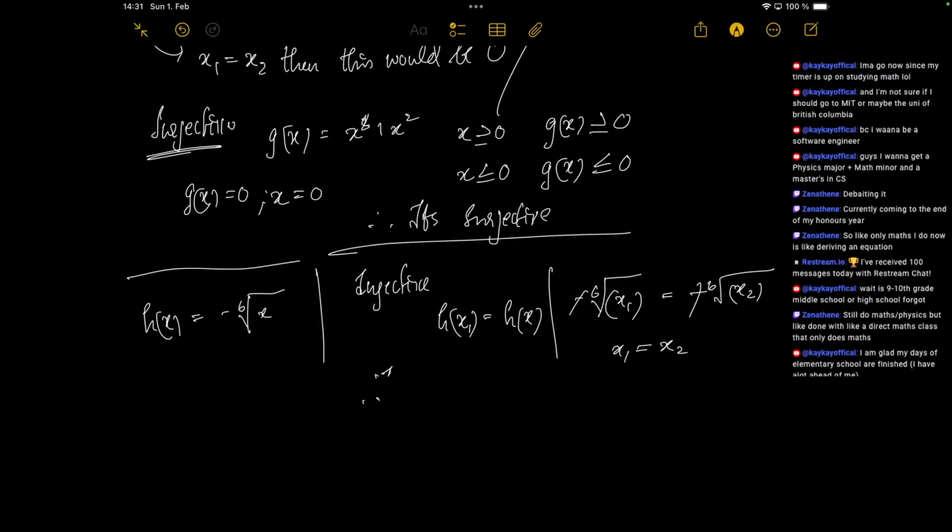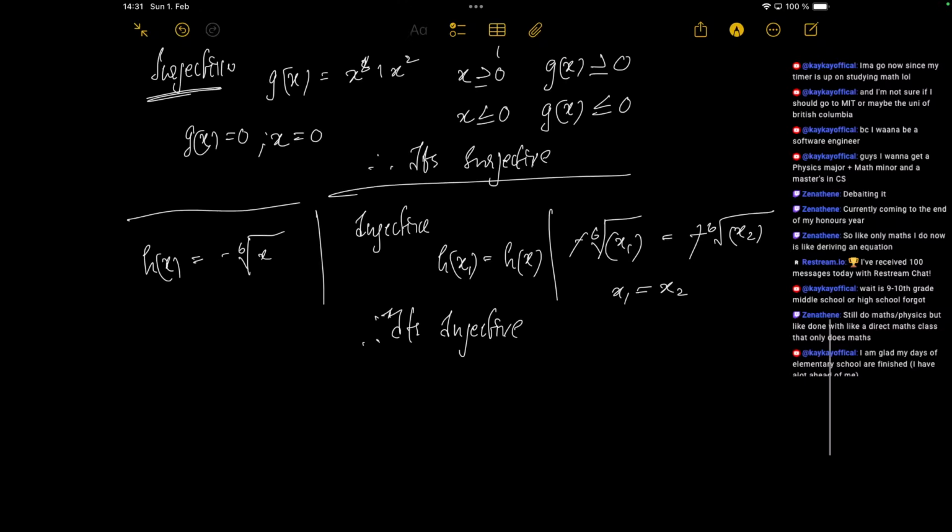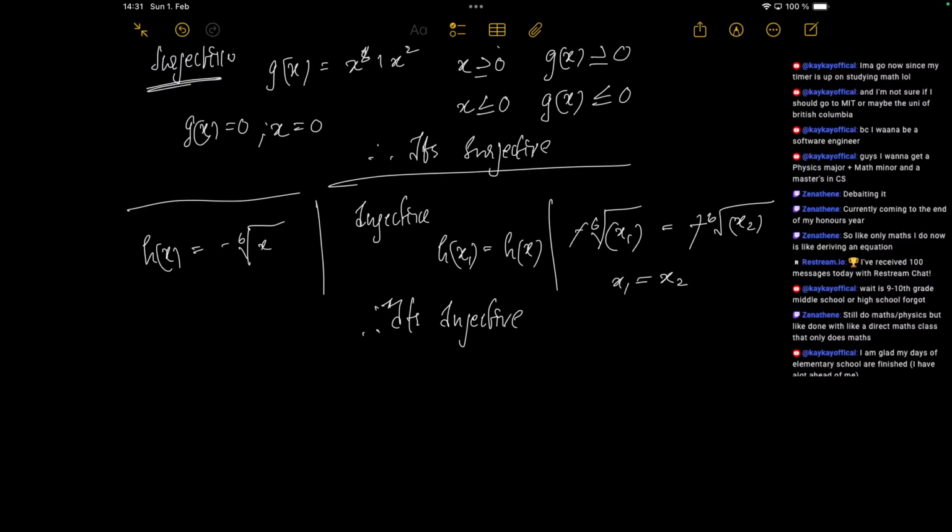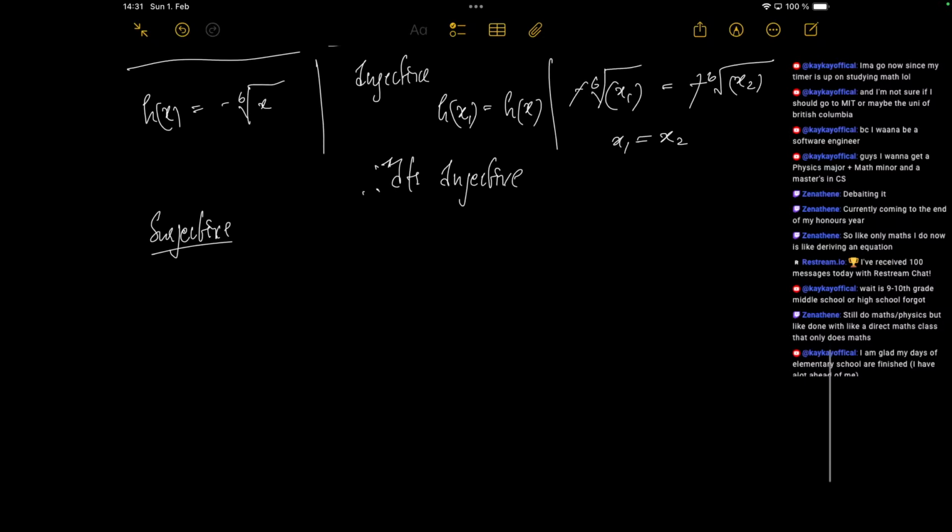I guess. So f of x, if it's smaller than 0, the root is going to be negative, right?